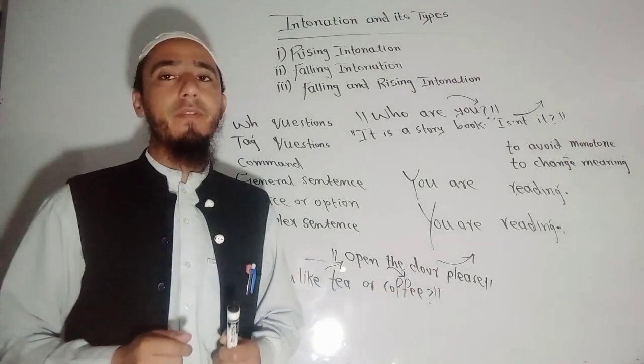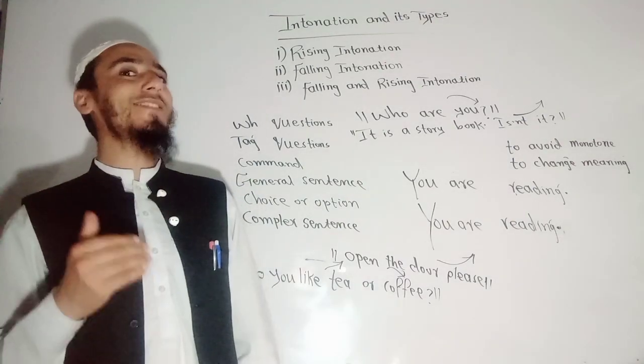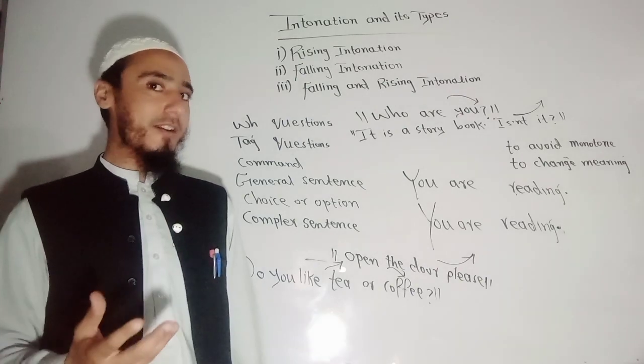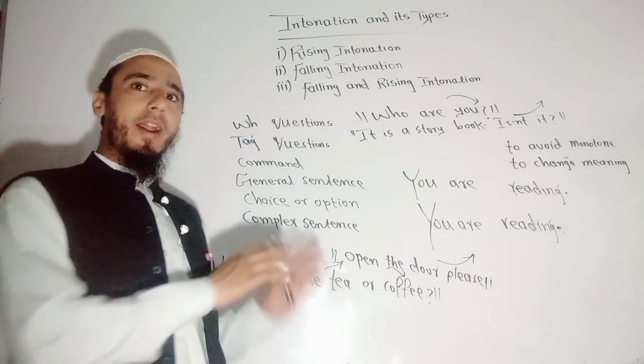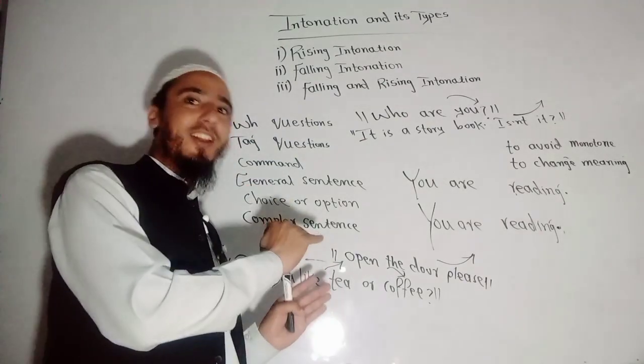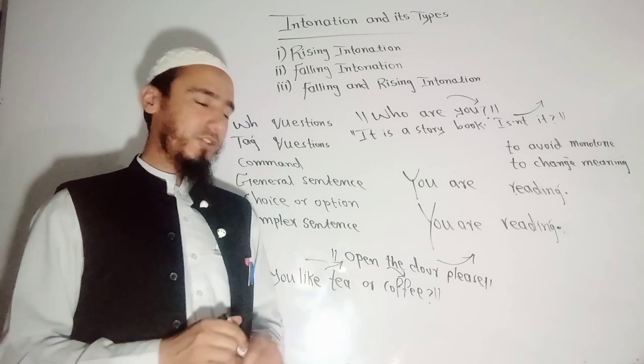Listeners and audience, whenever we are talking about a complex sentence, in a complex sentence there are falling intonation and rising intonation. But remember, in the first portion there will be falling intonation, and in the next portion there will be rising intonation.